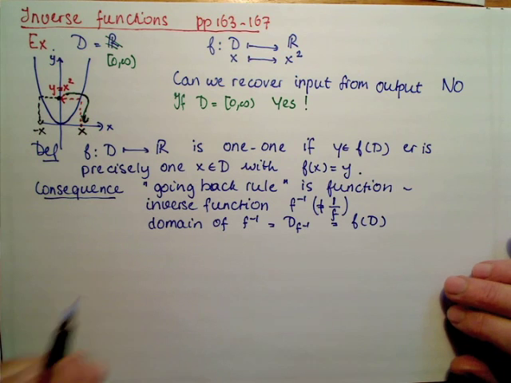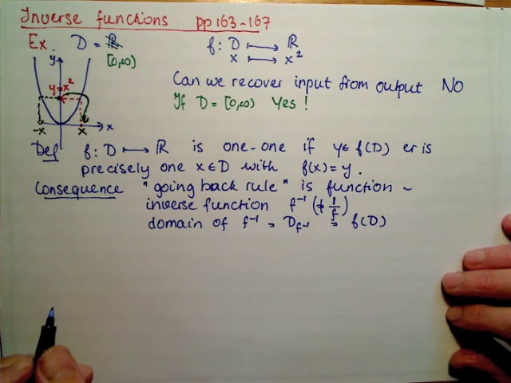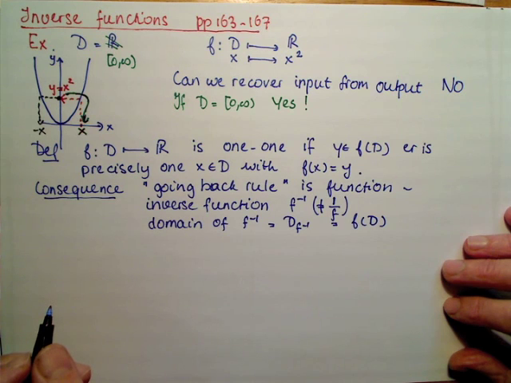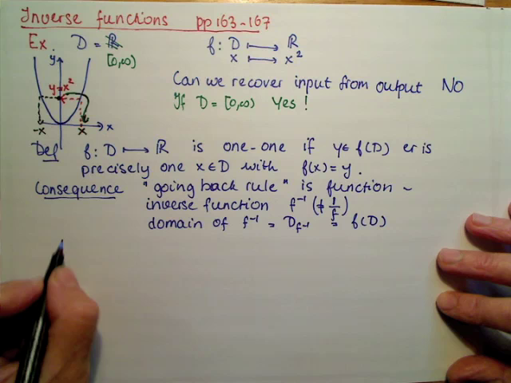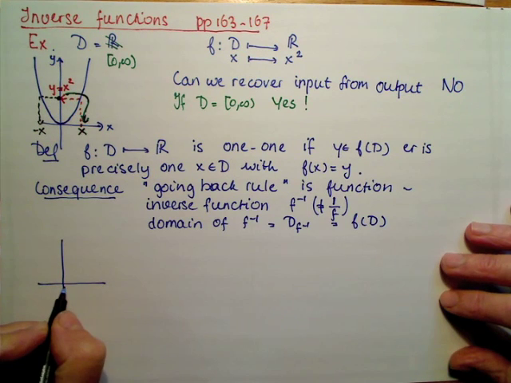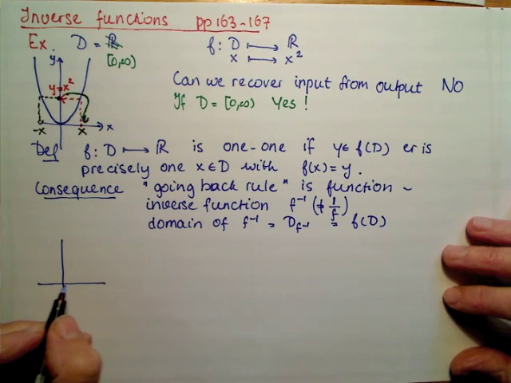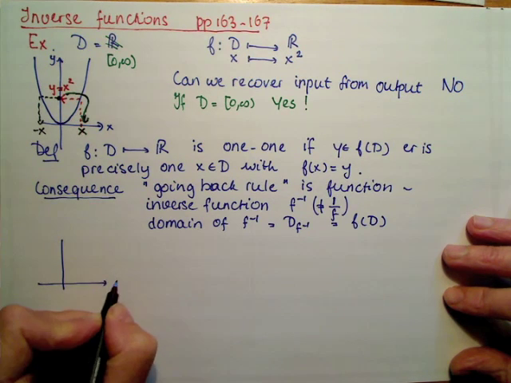What will happen in our specific example of the function y is equal to x squared? Let's look at it again. So now we only take the domain equal to the positive reals. So we only consider the function on that part of the space.